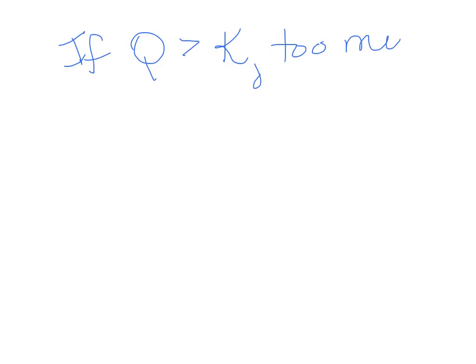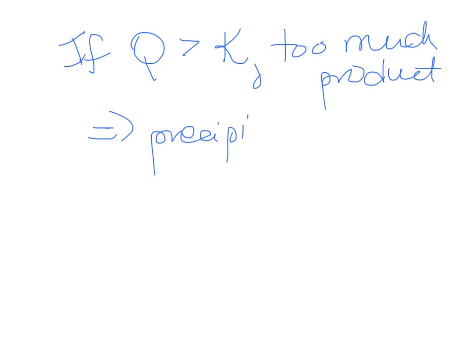All right, so let me just summarize Q and K again. Anytime that Q is greater than K, that means there's too much product. In the case of a Ksp problem, that means that a precipitate will form.